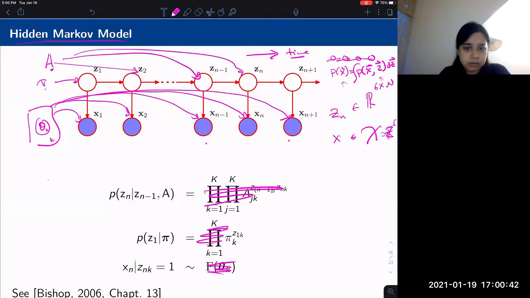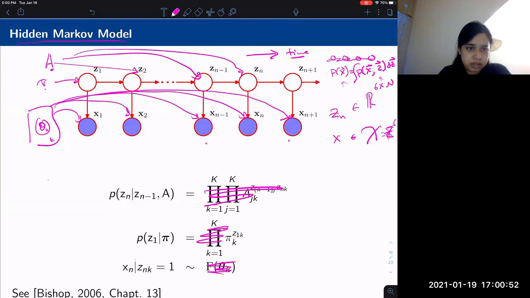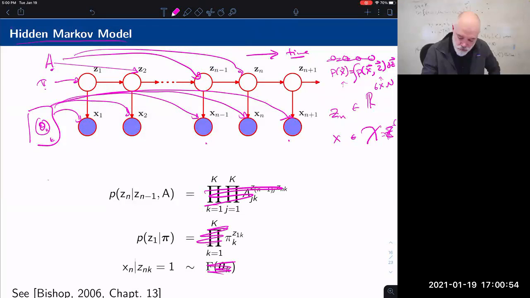The state of the robot. You talked about robot localization, so that's cool. Let's go with robot localization. What do you mean by the state of the robot? Say the position and velocity. Cool. Okay, so Z n will be position and velocity of the robot.